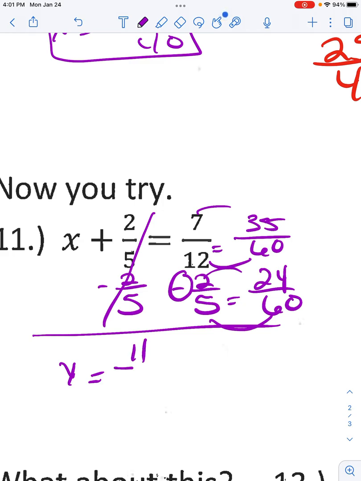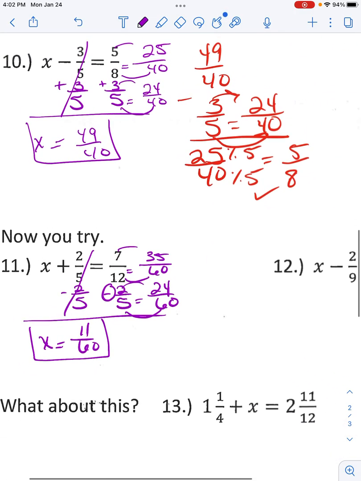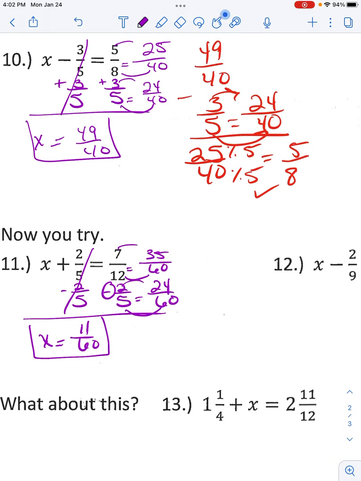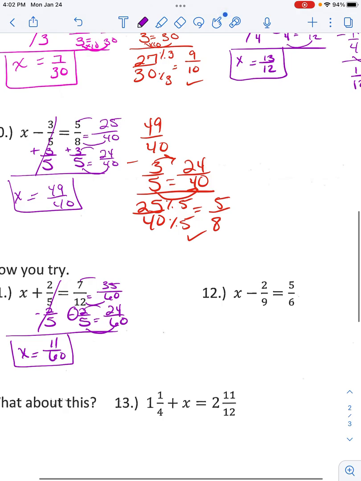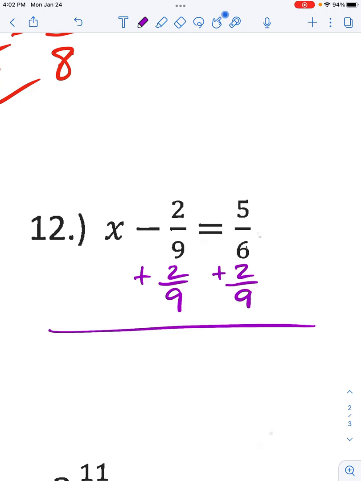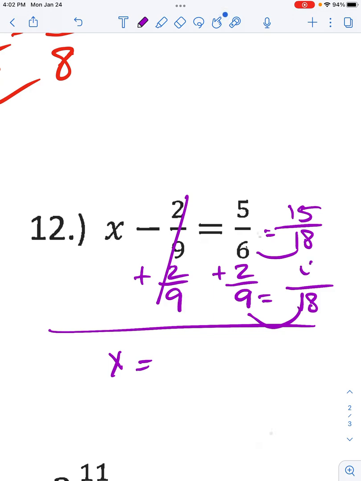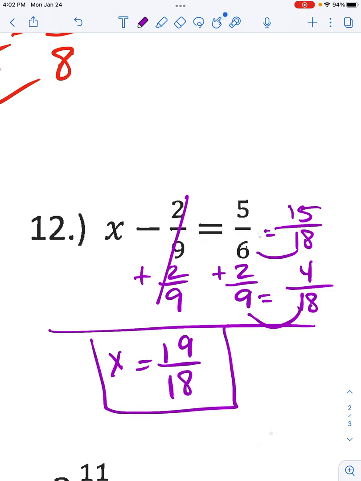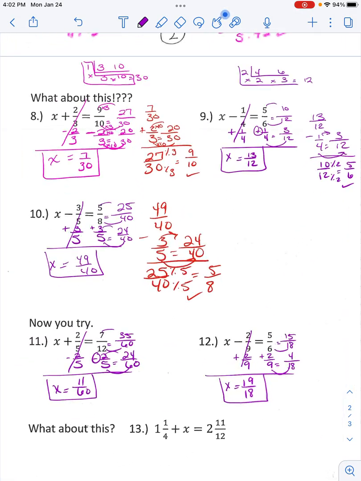So you would have got 11/60 is what you should have got. Number 12 said x minus 2/9. So the inverse would be adding 2/9 to both sides. Common denominator you should have found was 18, times 3 and times 2. So we have 19/18 for our answer.